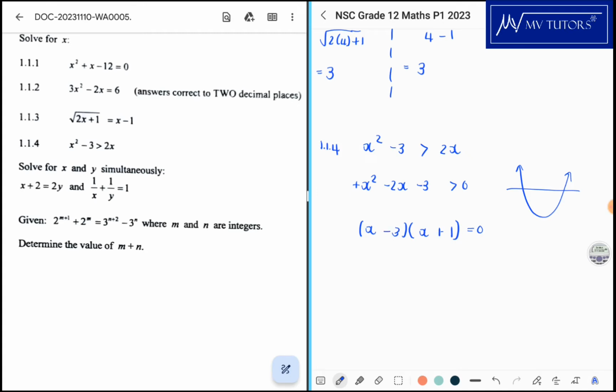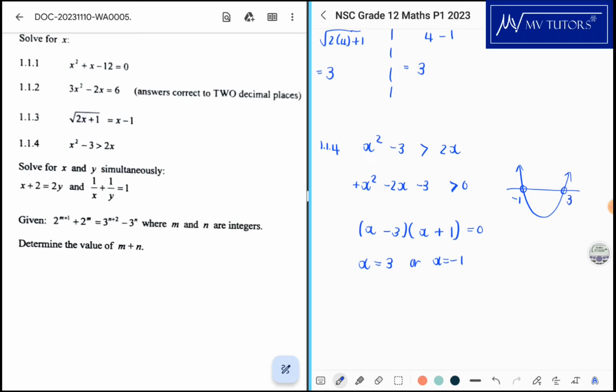Negative 3 plus 1 will give us negative 2. So our roots: x is equal to 3 or x is equal to negative 1. We can plot them there. Actually, that circle should be open because we only have a bigger than, not bigger than or equal to. So we use an open circle. Here we have negative 1, and there we have 3.